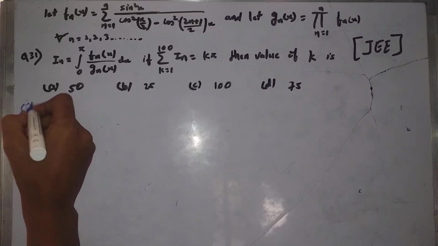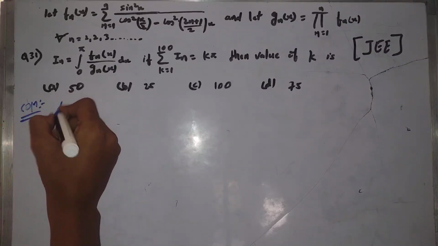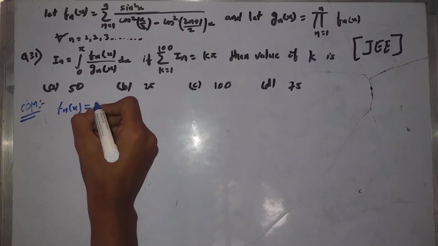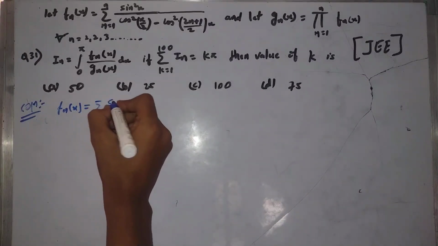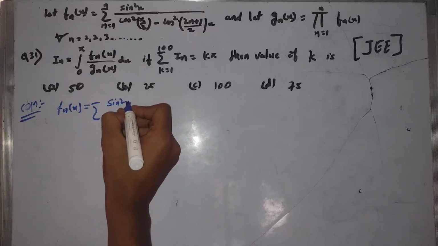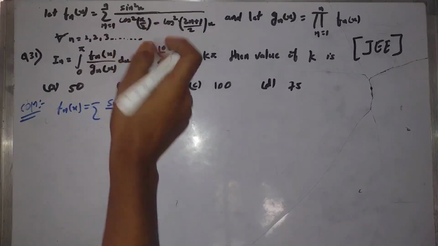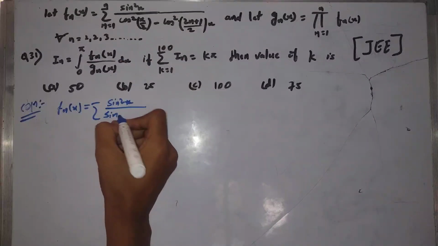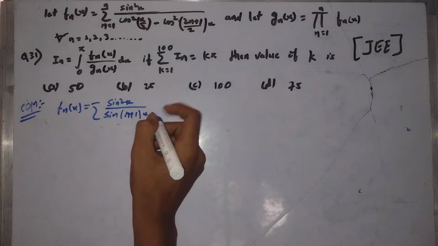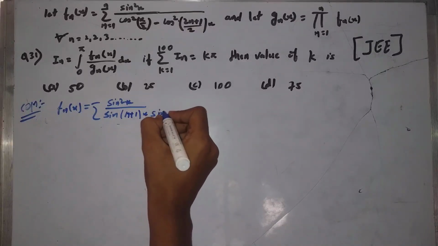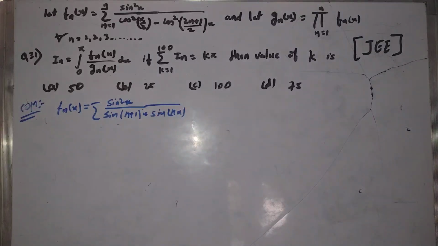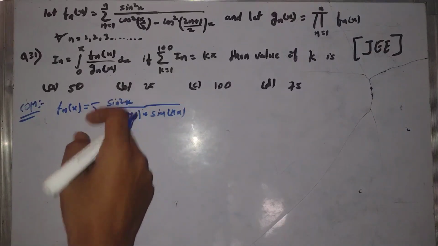So we are going to solve it, and fn(x) is actually equal to summation sin square x upon, we'll use that formula, so it will be sine of (r plus 1)x into sine of rx. That's the formula which we can use.